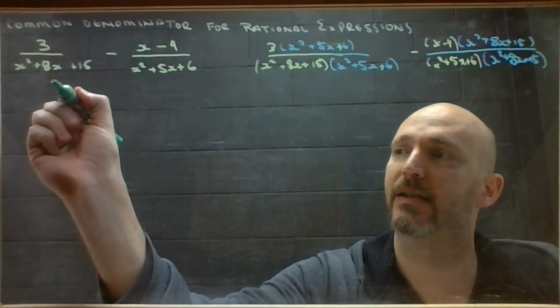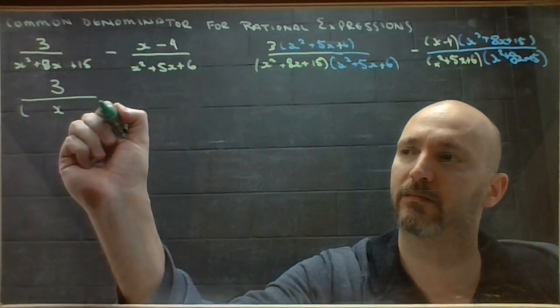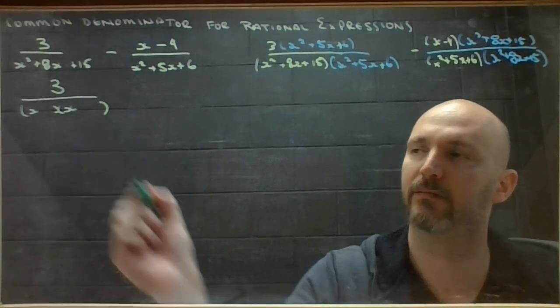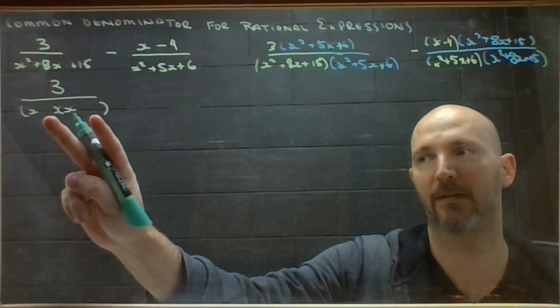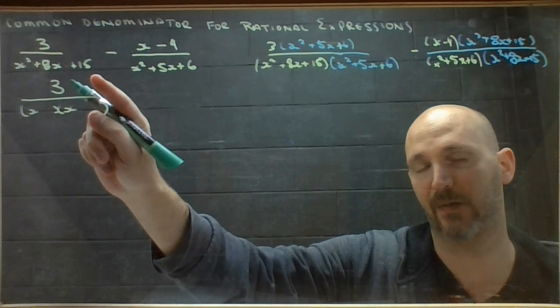To factor this thing, I need an x in each bracket, and then I need a pair of numbers that add to 8 and also multiply to 15.